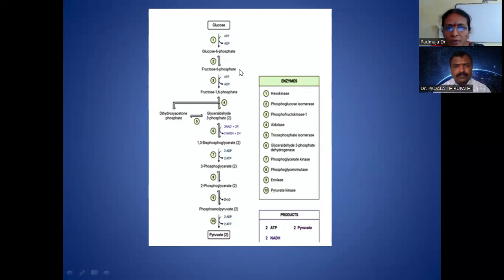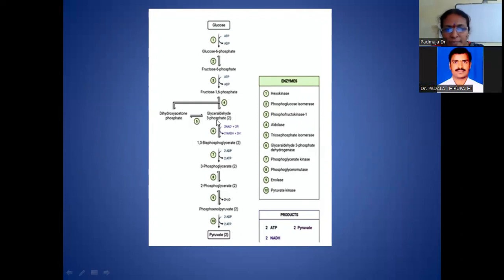So first the glucose is converted to glucose 6-phosphate, and this glucose 6-phosphate to fructose 6-phosphate by enzymes like phosphoglucose isomerase, and this fructose 6-phosphate is converting to fructose 1,6-bisphosphate in the presence of phosphofructokinase. As a result, when the kinase is there, the ATP is taken and gives rise to ADP. And this fructose 1,6-bisphosphate bifurcates in the presence of the enzyme aldolase, giving rise to dihydroxyacetone phosphate and glyceraldehyde 3-phosphate.